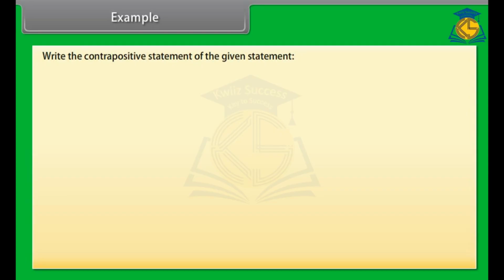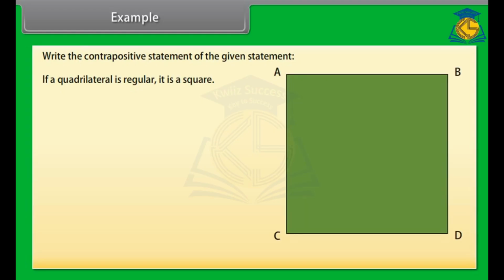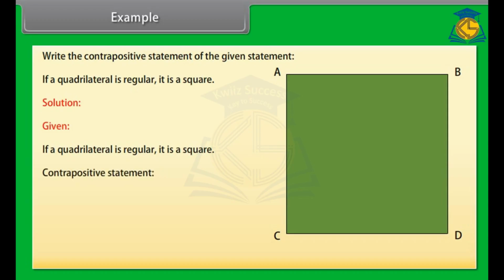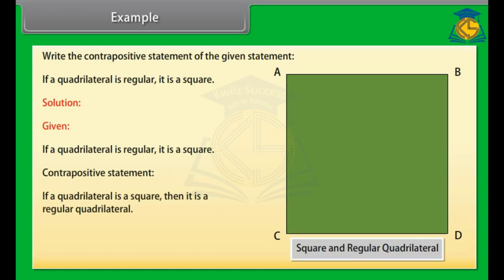Example. Write the contrapositive statement of the given statement. If a quadrilateral is regular, it is a square. Solution. Given: if a quadrilateral is regular, it is a square. Contrapositive statement: if a quadrilateral is a square, then it is a regular quadrilateral. Example.